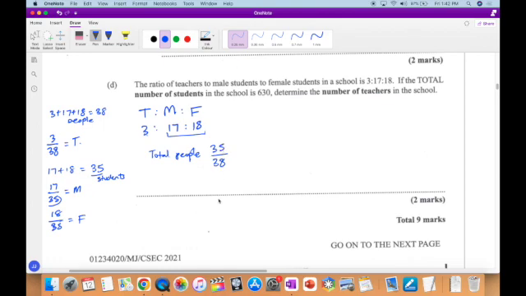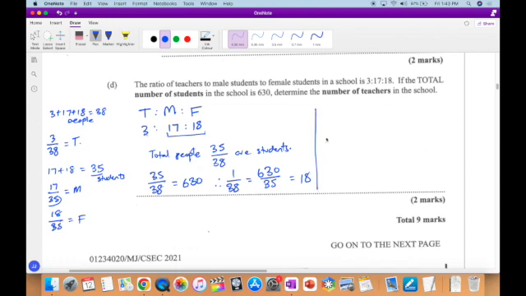So 35 out of 38 are students. That means that 35 over 38 is going to be equal to the 630 students. Therefore, 1 over 38 will be 630 divided by 35, which is 18.